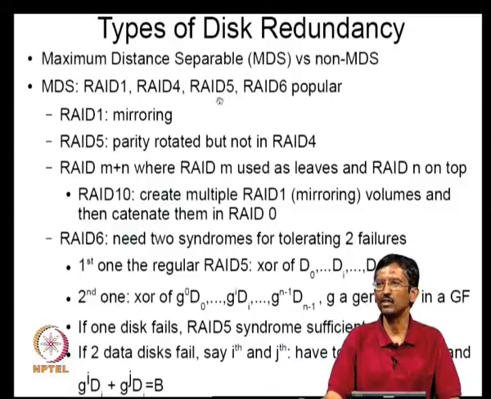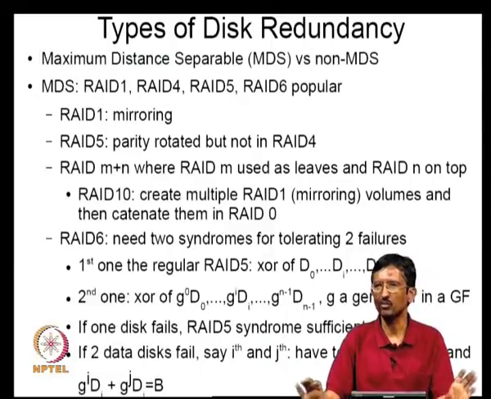And many motherboards or RAID disk controllers support RAID 1, RAID 5 typically. There is also something called RAID 0, which is not a redundancy model, it is basically a concatenating model. It basically takes 2 disks and gives a bigger combined virtual disk. So RAID 0 is not really a redundancy model.